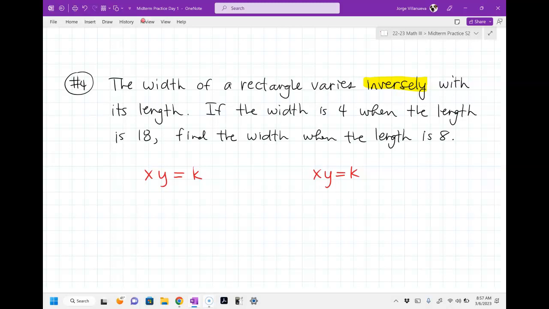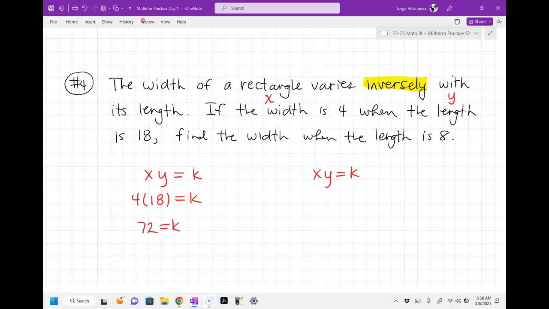So we'll say width is x, and we'll say length is y. So x is 4 when y is 18. So 4 times 18 is equal to k. Well, 4 times 18 is 72.